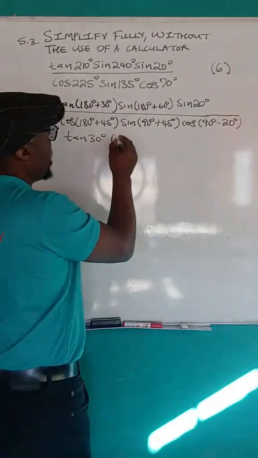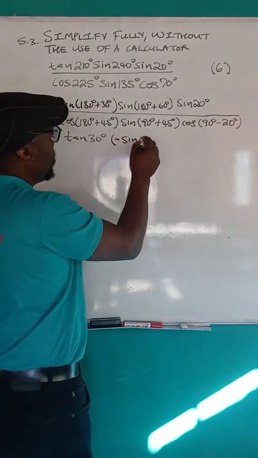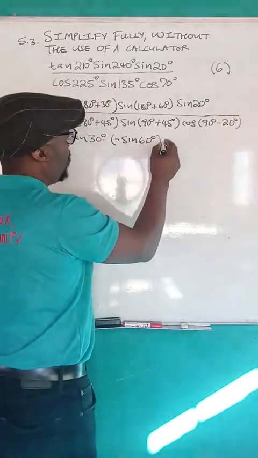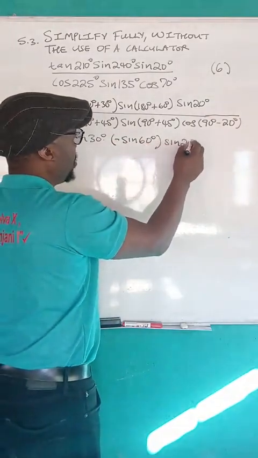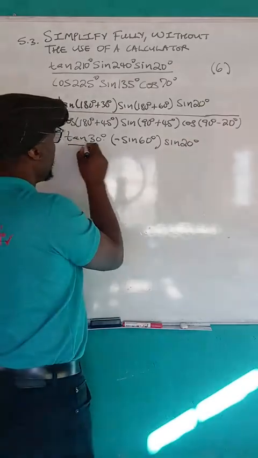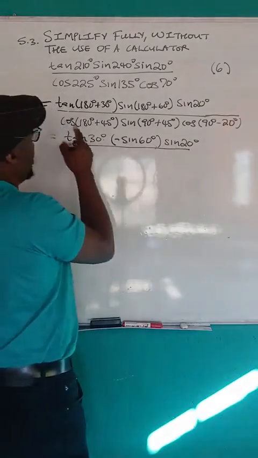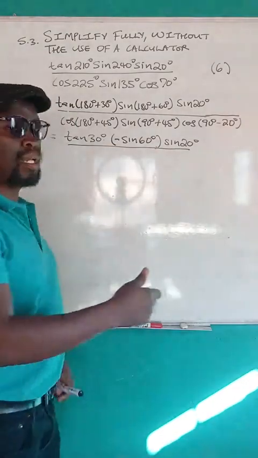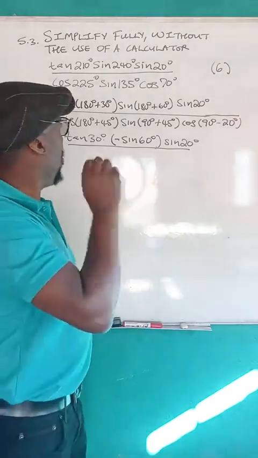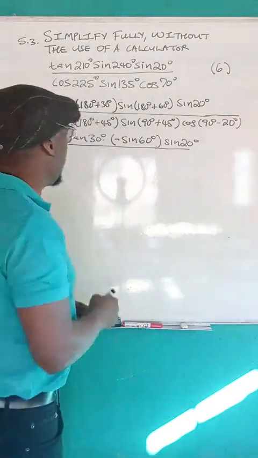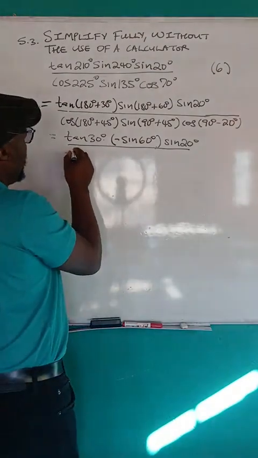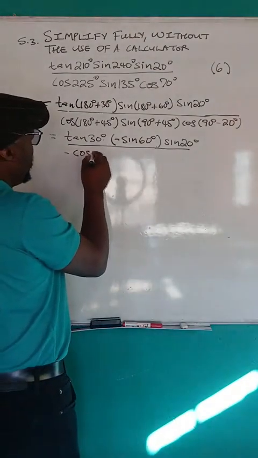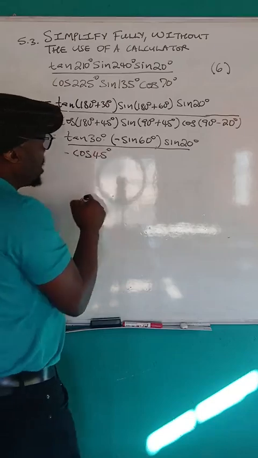So we'll get negative sine 60 degrees by sine 20 degrees, all divided by cos of 180 degrees plus 45 degrees, which also takes us into the third quadrant, where the cosine ratio is negative. So we'll get negative cosine 45 degrees.